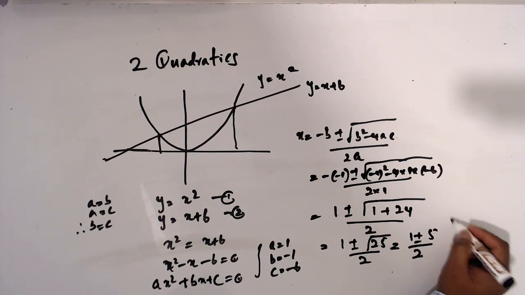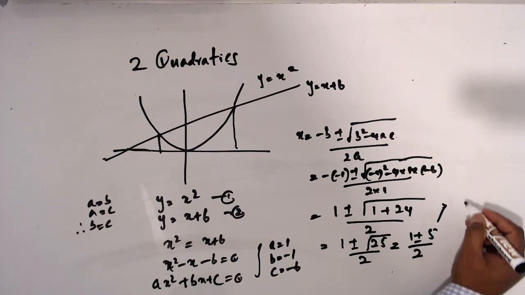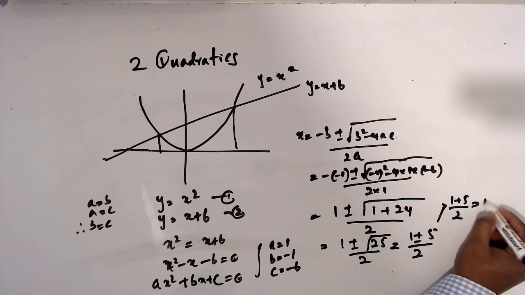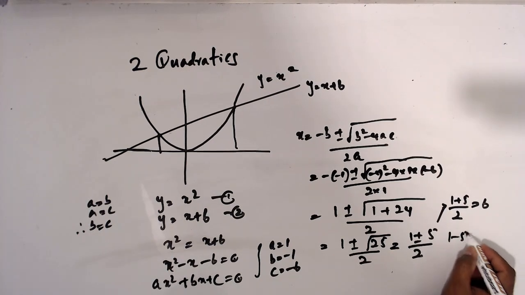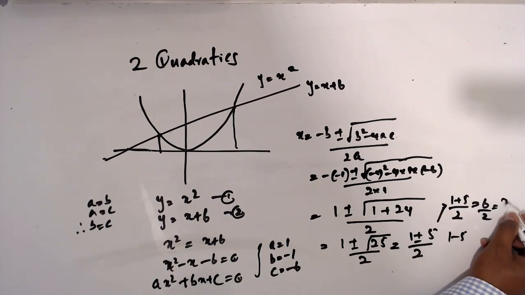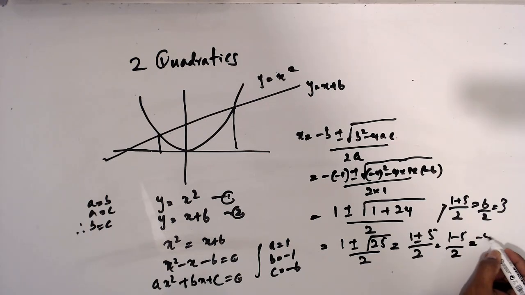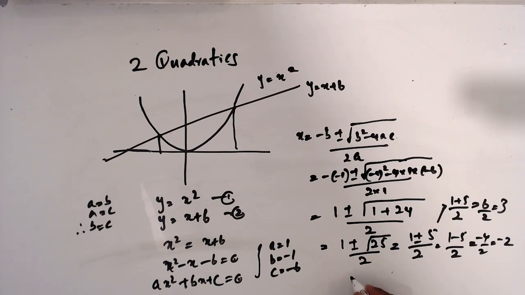One is 1 plus 5 over 2, which is 3. Another one is 1 minus 5 over 2, which is minus 4 over 2, minus 2. So we will be able to find two answers.